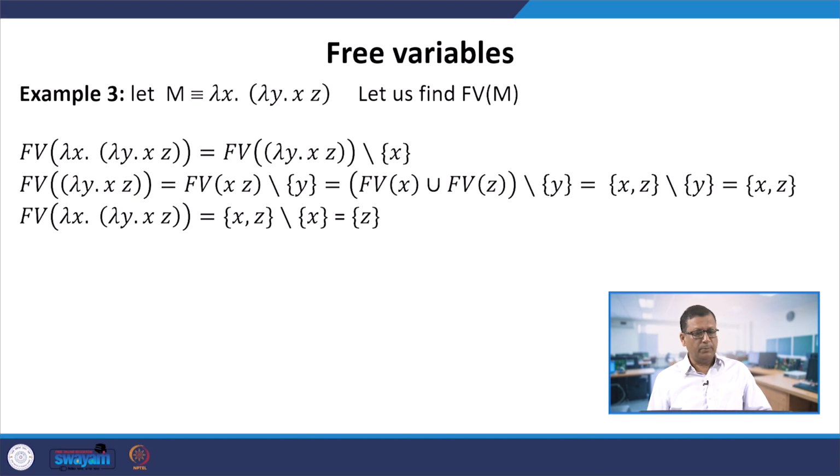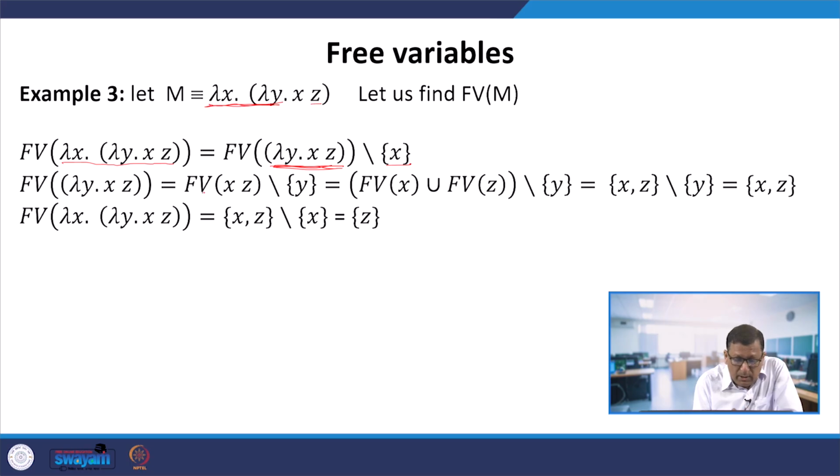Now consider example 3. We have lambda x dot lambda y dot xz. We know the answer: because of the binding, x and y will be bound. So z is not captured, so z will be free. Let us verify this according to our definition. Free variable of lambda x dot lambda y dot xz will be free variable of lambda y dot xz set difference x. Let us compute this part first.